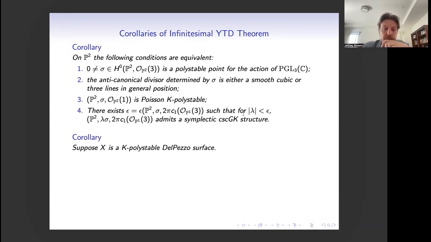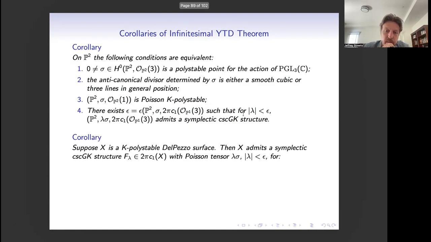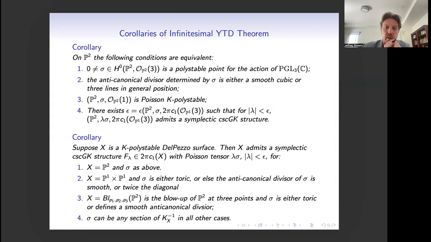More generally, on polystable Del Pezzo surfaces, we get the same kind of result. Here I've only stated it as an existence, not a complete equivalence. There are a few things missing to get a complete equivalence, but at least we have an existence statement. We have these symplectic type cscGK structures in the following settings. X is P2 and sigma is as described before.